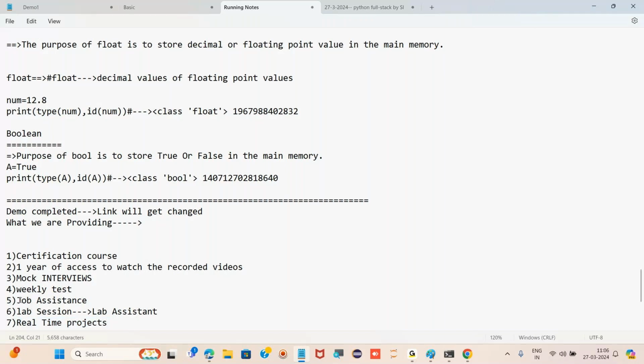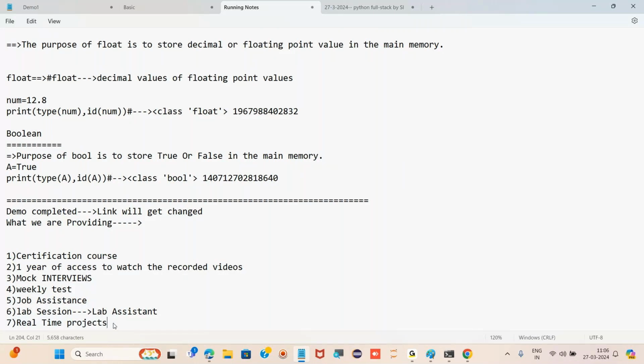Job assistance is really important. We'll provide you this also, as well as weekly test, mock interviews for your betterment. One year of access to recorded videos, and also the certificate. Real time projects, we are also going to tell you how you can create the projects and what things you have to use, and also we will work together to create a project. Fine.